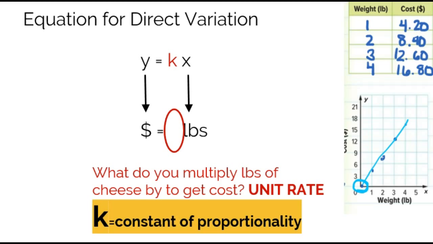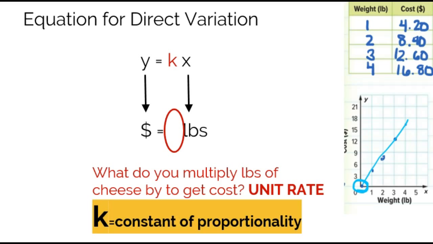So again, this nomenclature is new to you. This variable k, we're now calling the constant of proportionality, is something brand new to you. But the idea behind it, that unit rate, that's something that we have been working with.